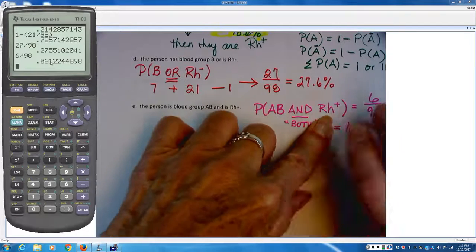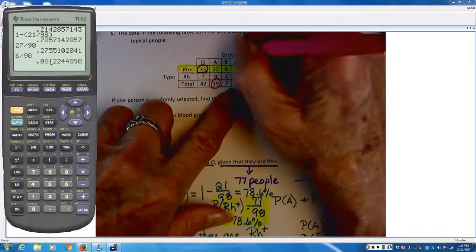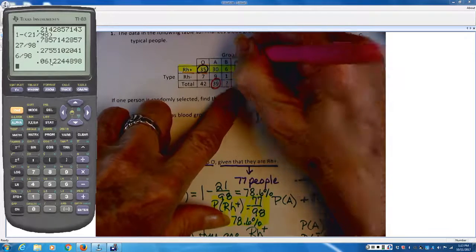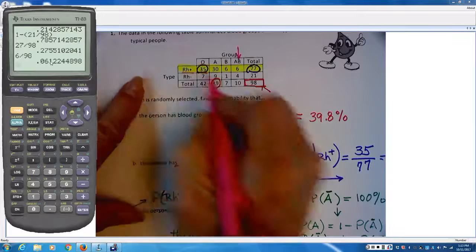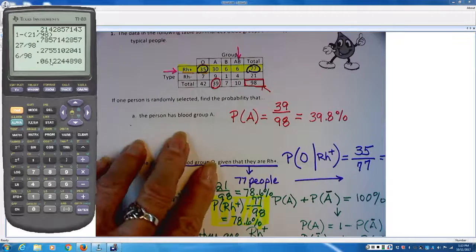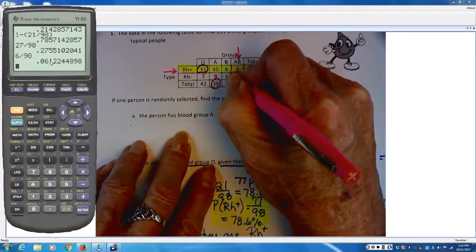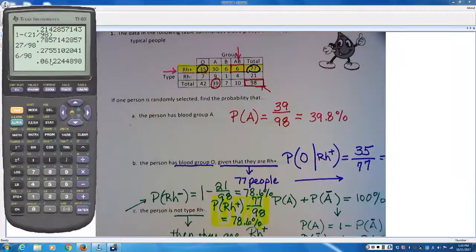So we go back up to the table, and we're looking at people that are AB, but we're also looking at people that are Rh positive, and it has to be that they're both. So these 6 people right here are both because they overlap. Why did we put 7 over 98 in the last one? Because the last one said or, it didn't say and.